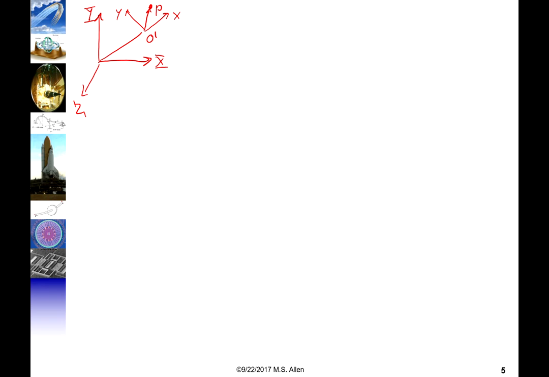So we could write the position of point P, the total position, or at least total in that it's kind of relative to this origin over here.